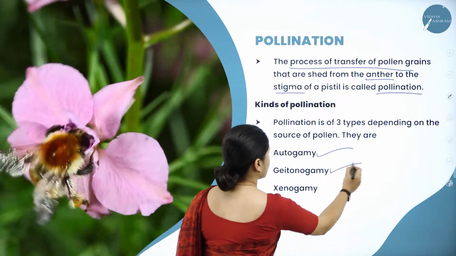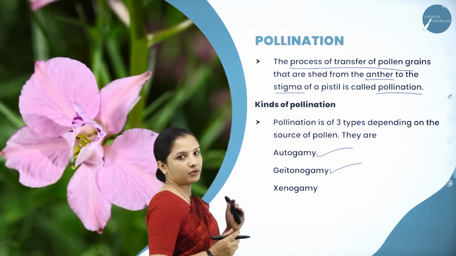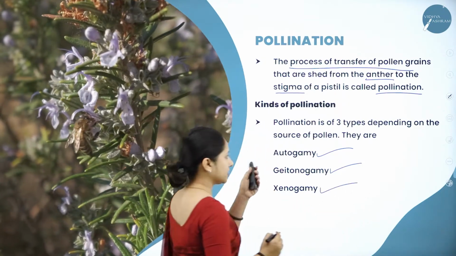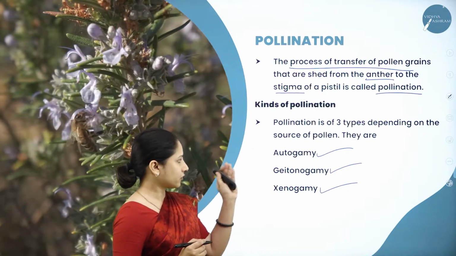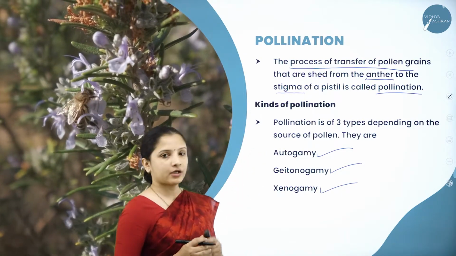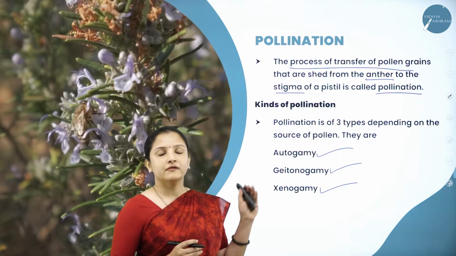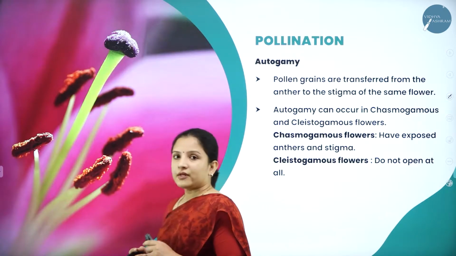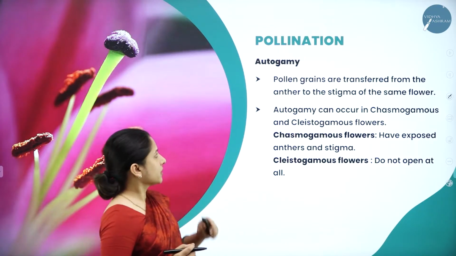The second one is geitonogamy, and one more kind of pollination we have is called xenogamy. We will study autogamy, geitonogamy and xenogamy in detail. First, we will learn about autogamy.